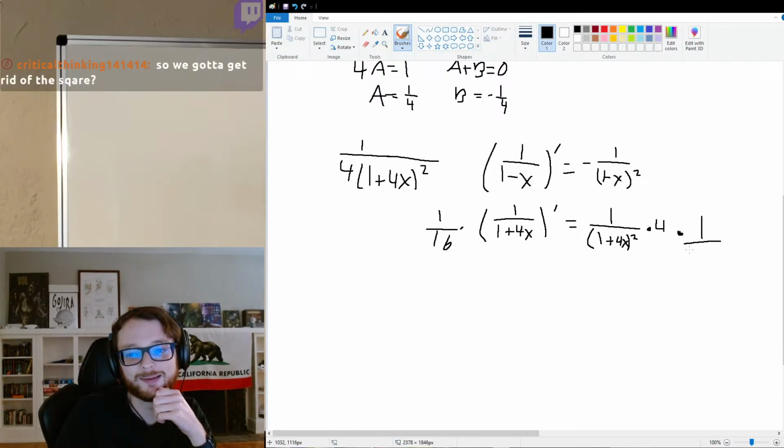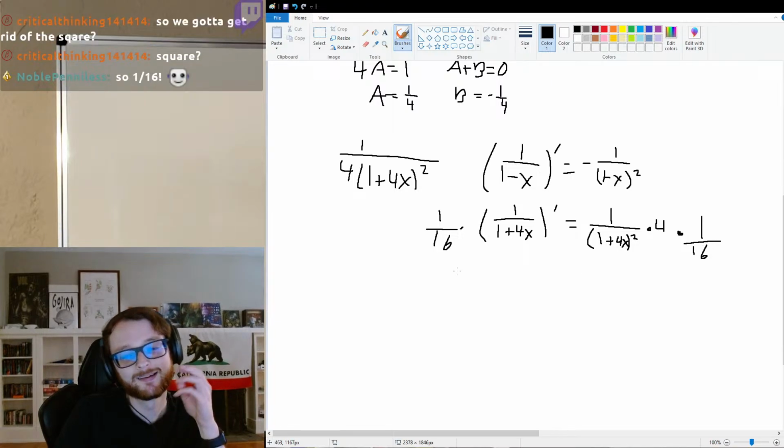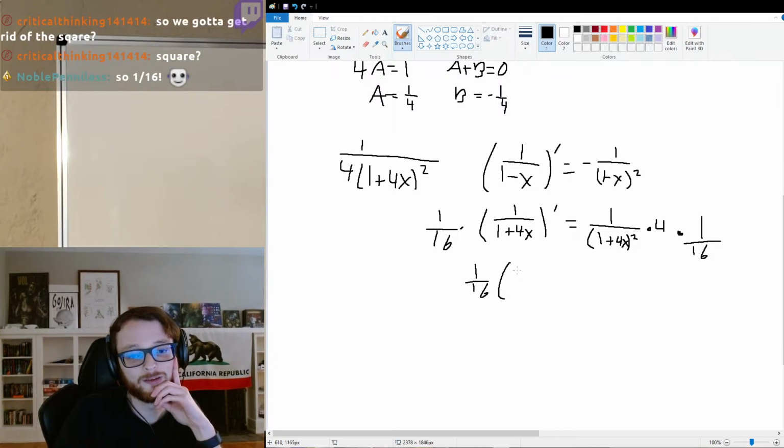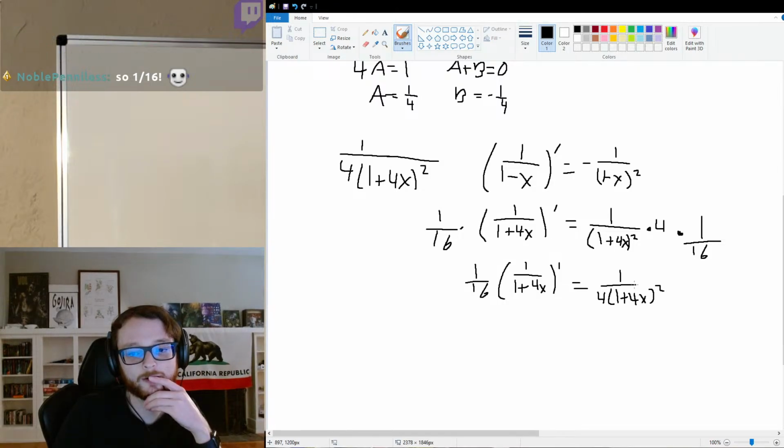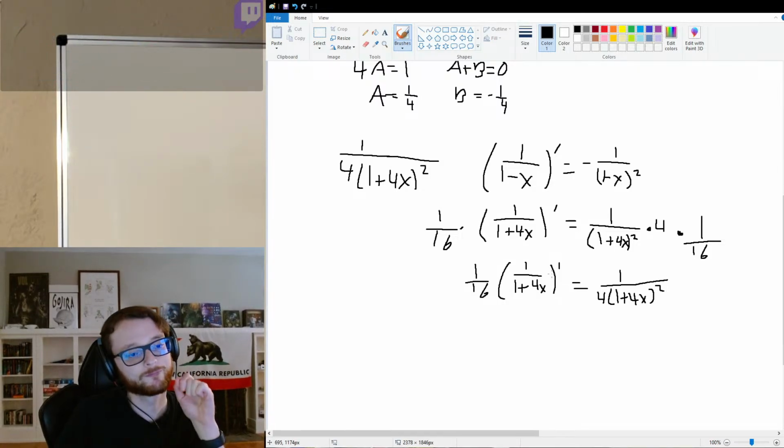Yeah, exactly. So we get that 1 over 16, 1 plus 4x prime is equal to, wouldn't you know, 1 over 4, 1 plus 4x squared. The squared part?